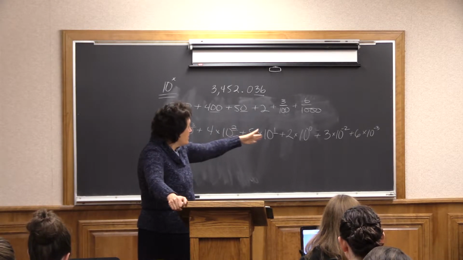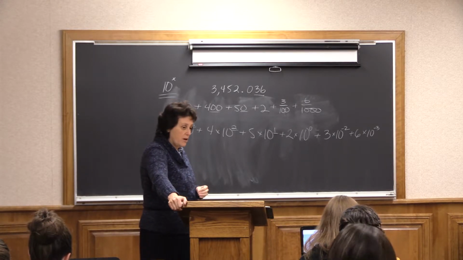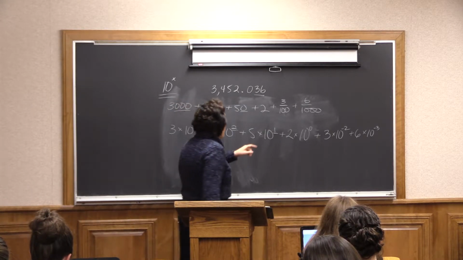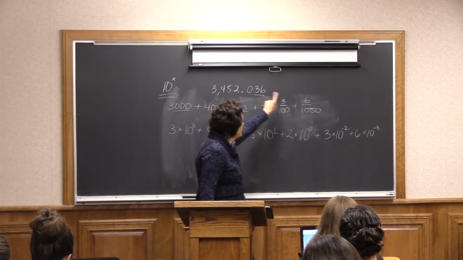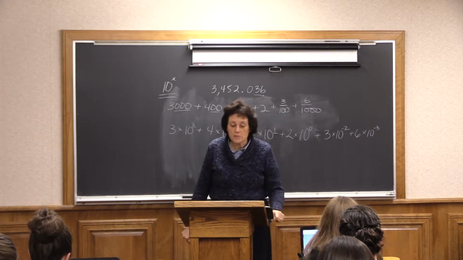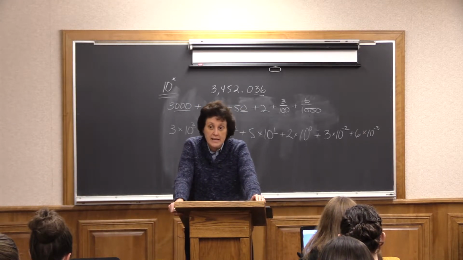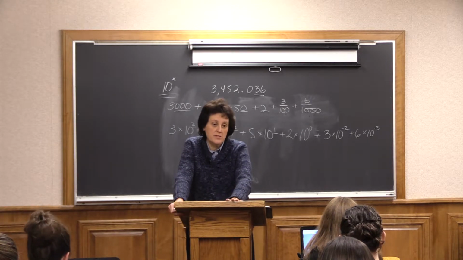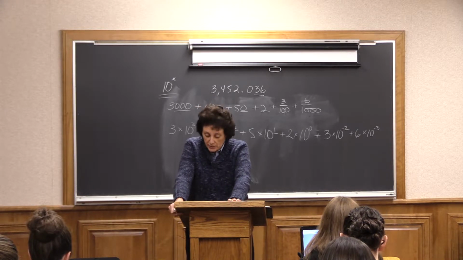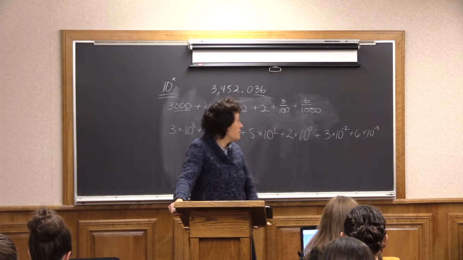So the exponent follows the same zero place exponent law. So decimal place value in general is base 10. Each place represents 10 raised to a particular power, and the zero place exponent rule works every time.